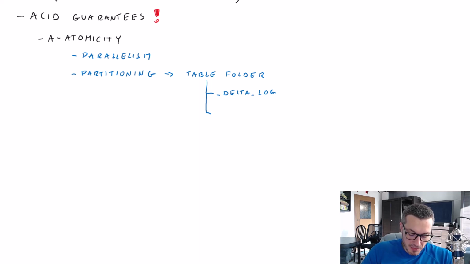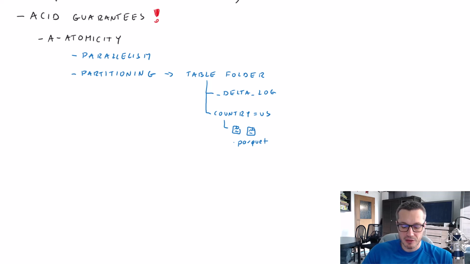For example, we might want to split it on the country column. So we might have a directory called country equal US. And then under this directory, we would have multiple Parquet files. And each of those files would contain only rows for which country is equal to US.